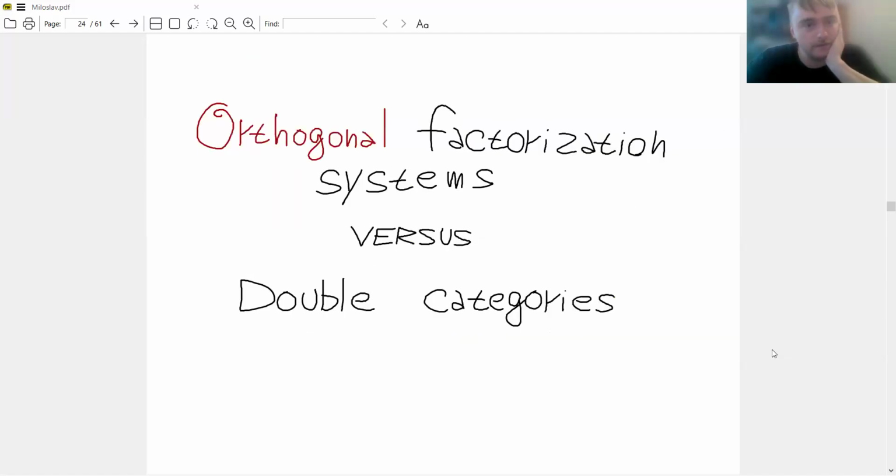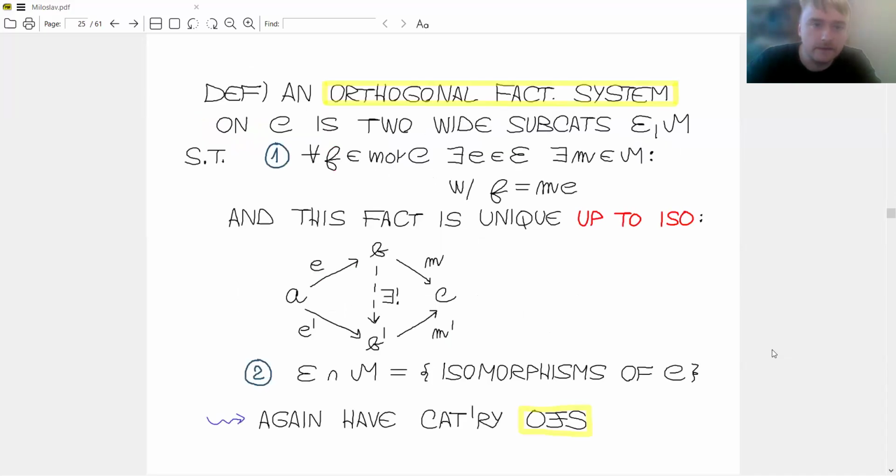Now we will modify it to orthogonal factorization systems, which is a little more involved, but I believe it's still quite elementary. So let me recall everything. In an orthogonal factorization system on a category, you again have two subcategories that have these two properties.